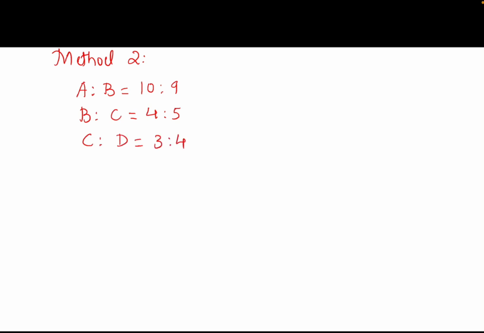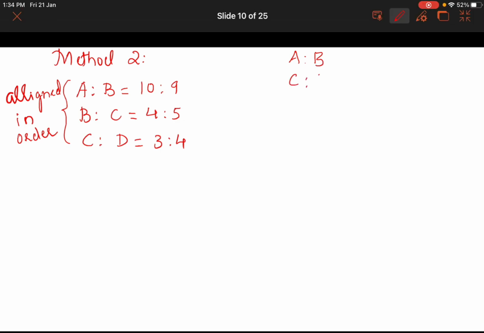Okay. Now when the ratios are aligned properly or in order, that is A is to B, B is to C, C is to D, meaning the ratios are not like this anyhow, A is to B is to C is to D is to A is to C. Okay, it is not like this, but it is aligned properly.